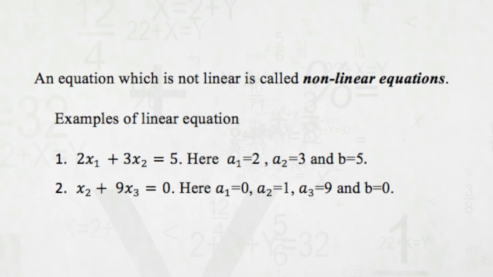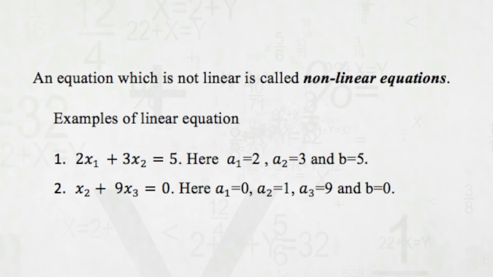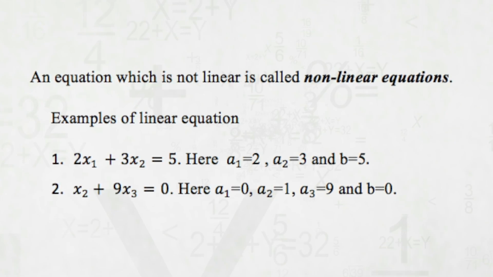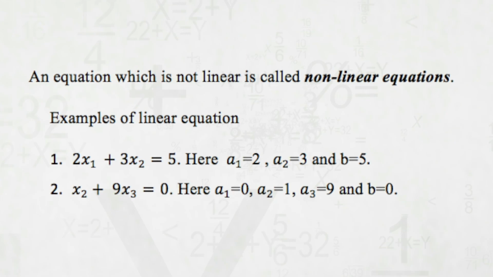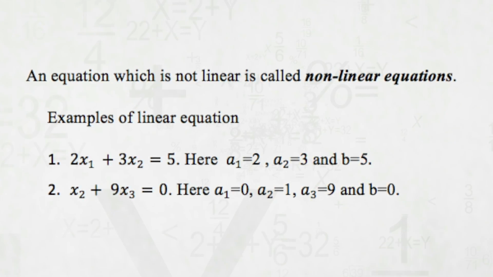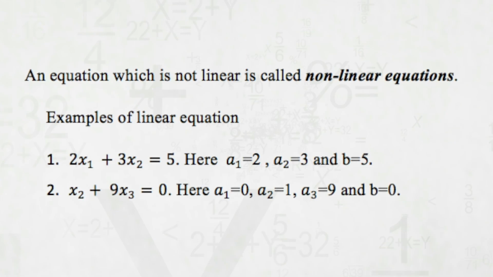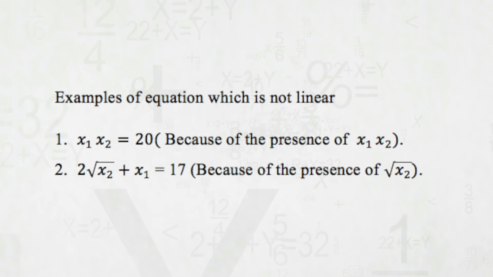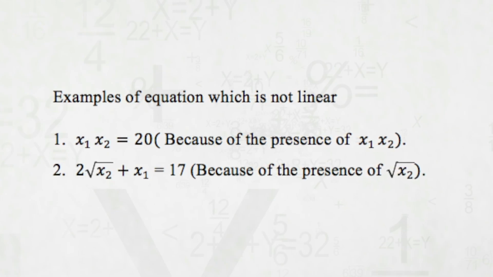Here this is an equation with two variables, that is two unknowns. Here a1 is 0, a2 is 1, a3 is 9 and b is equal to 0. The same equation can be considered as an equation with three unknowns where the coefficient of x1 is equal to 0.